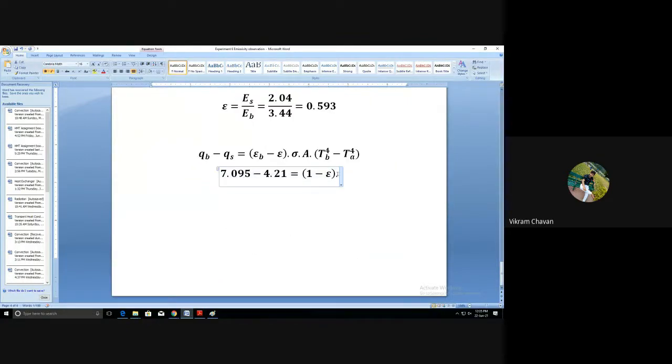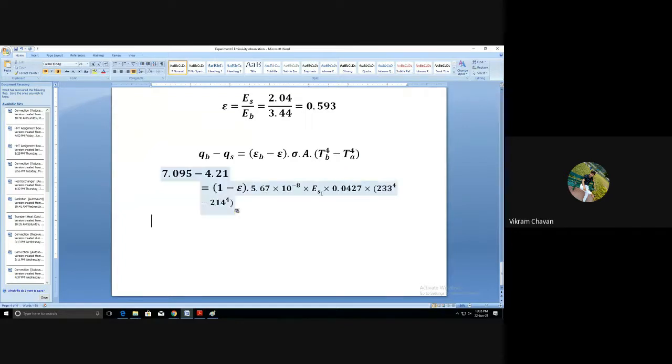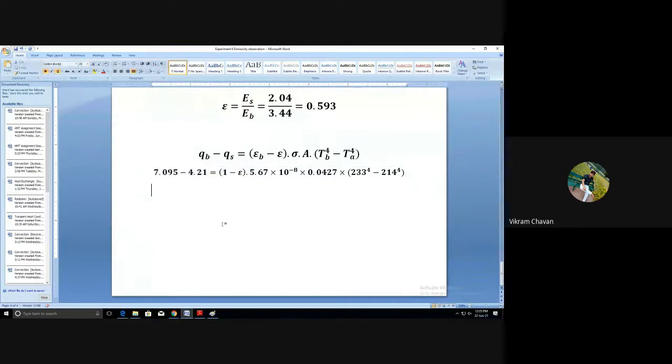I will take all the things as they are, and I will remove E suffix S from here. So 0.04 multiply. And now determine how much you are getting, this eta value.